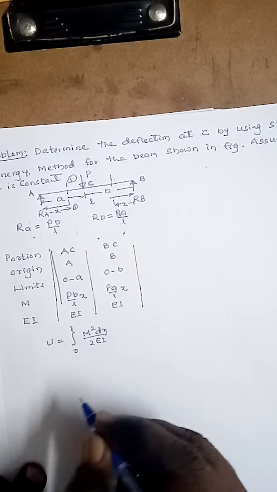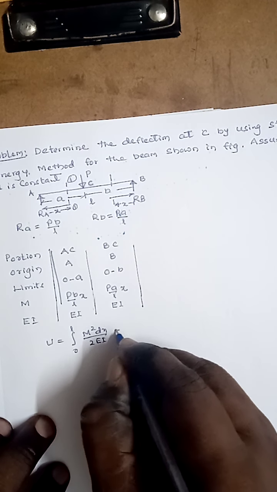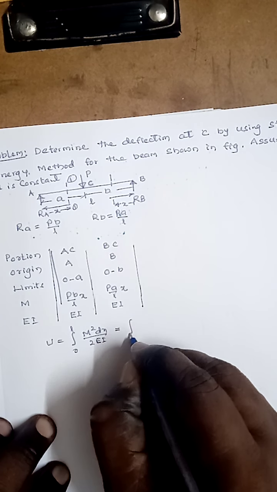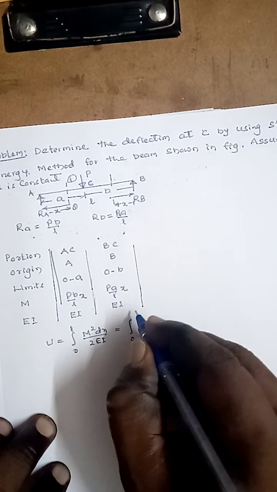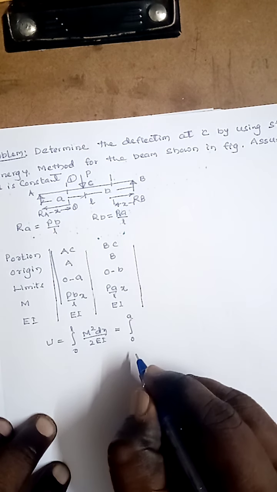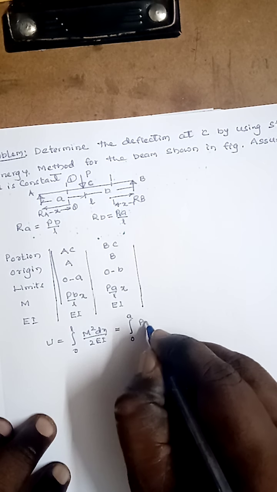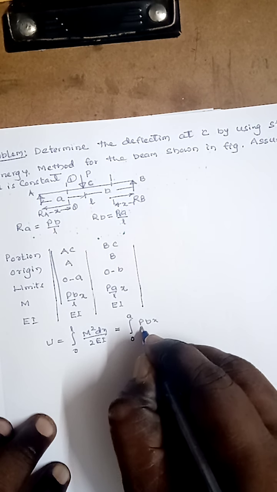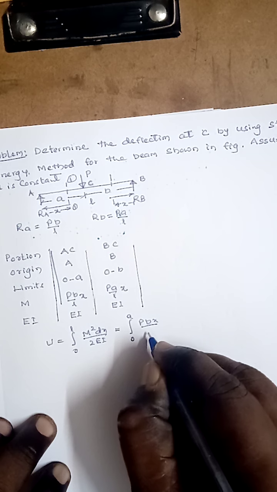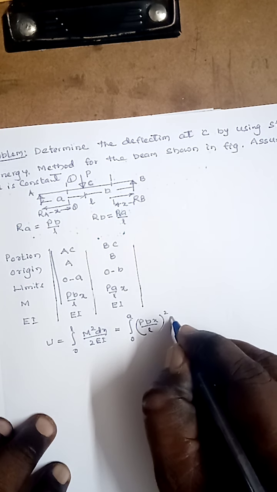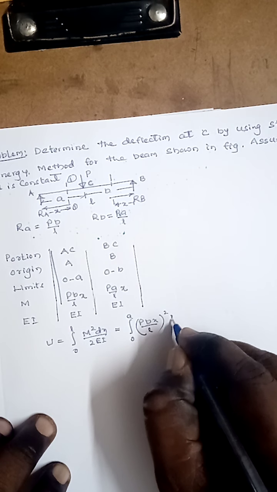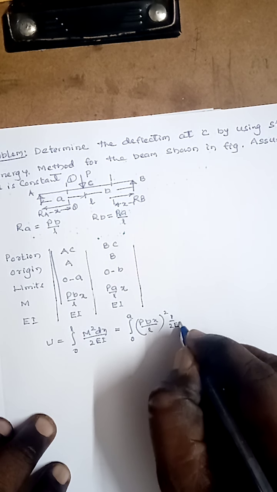Then for the first portion A to C, the limits are 0 to A, the bending moment is (P B x by L) whole square divided by 2EI into dx.